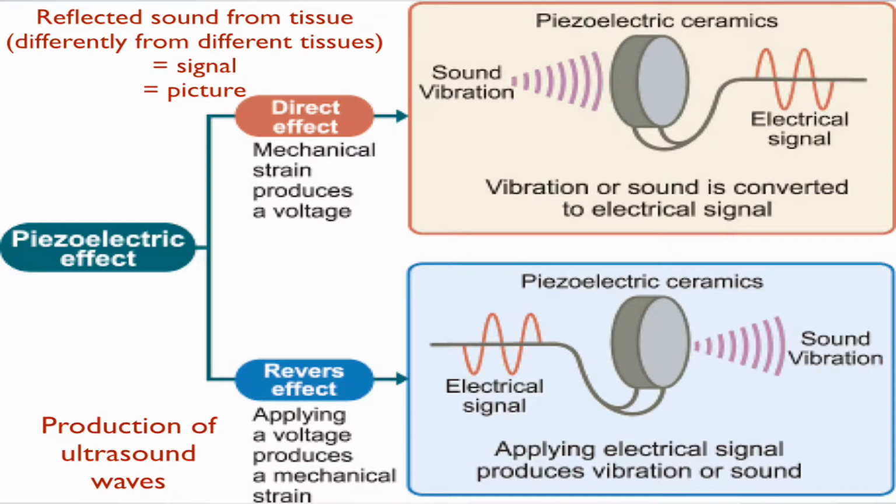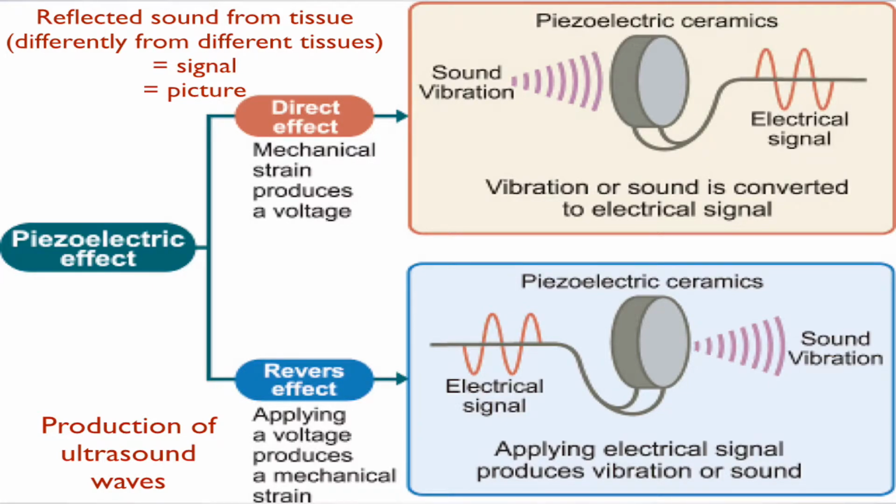It generates a sound vibration, and then those sounds are shot into the human body, and they're reflected differently from different tissues. So the sound waves are reflected differently by different densities of tissues, and therefore we can build up a picture of those different structures.